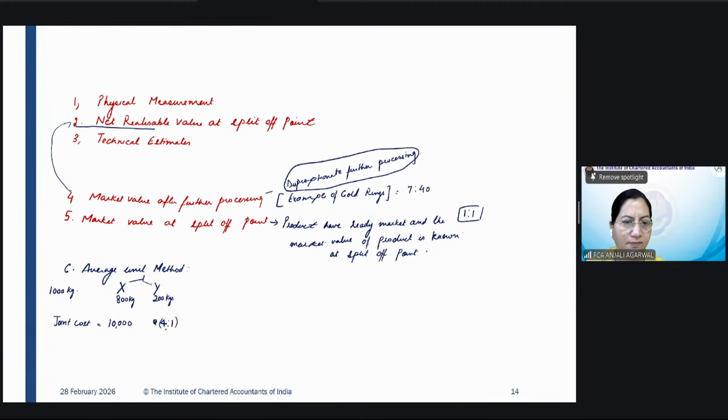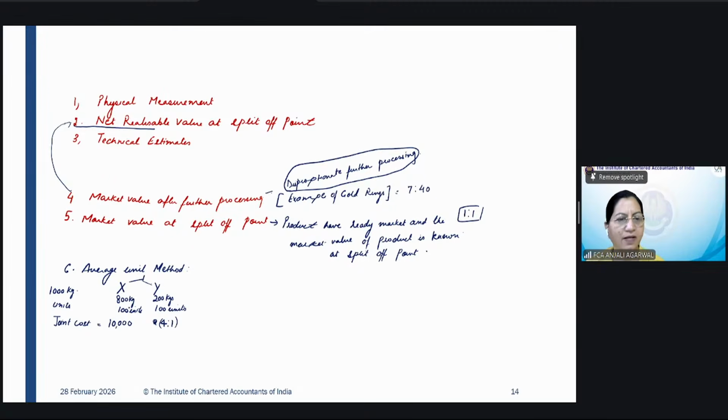Agree? ₹10,000 allocated amongst X and Y, 4:1. However, further information is given. How many units of X and how many units of Y are made? So let's say 100 units of X and 100 units of Y are made.